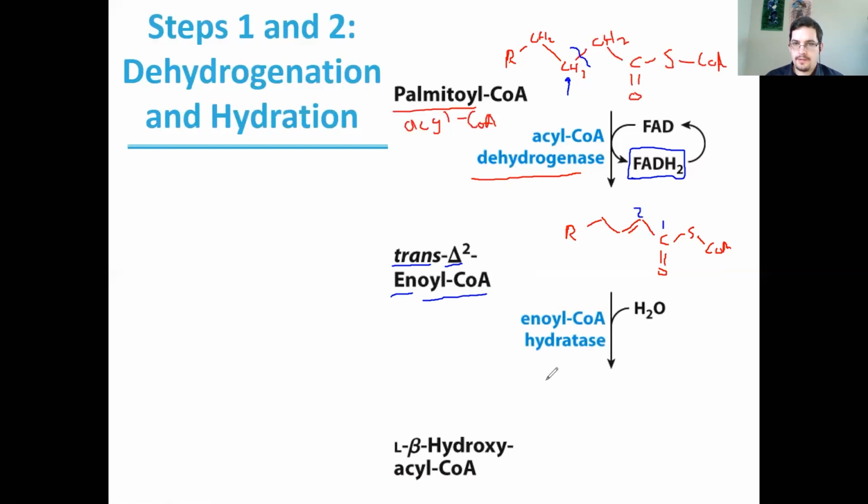So after we oxidize it, the next step, we're going to do a hydration reaction with our alkene double bond. We take that double bond and add water to it in a hydration reaction. So our water comes in. We have our same thioester.